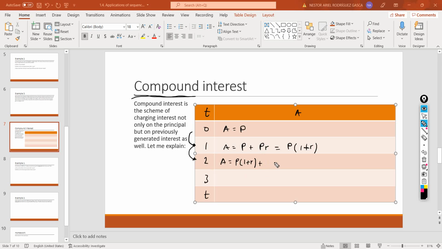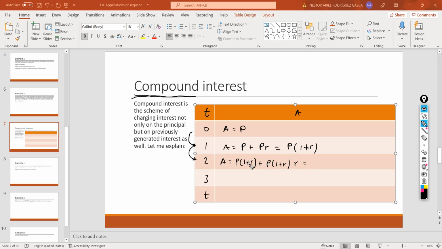Now, the difference, guys, of compound interest with simple interest is that this newly generated interest won't be calculated using only the principal. It will be calculated using the previous accumulated amount, which was this. So basically I'm going to be applying the rate of interest, which is R, to this previous quantity, not this one. You see what I mean?